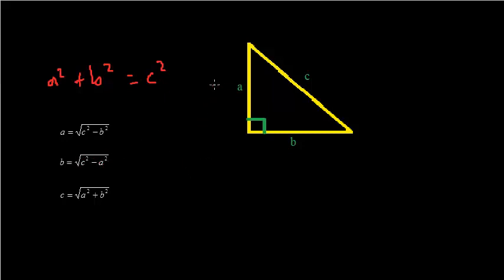So if I know that A is equal to 6 inches and B is equal to 8 inches, and I want to find the length of C, I can plug that into this formula.